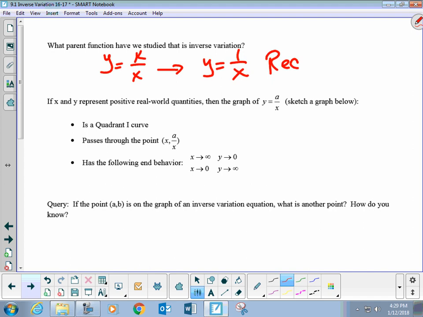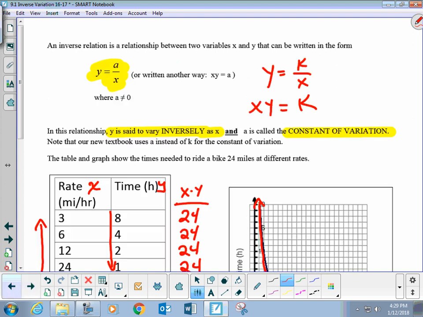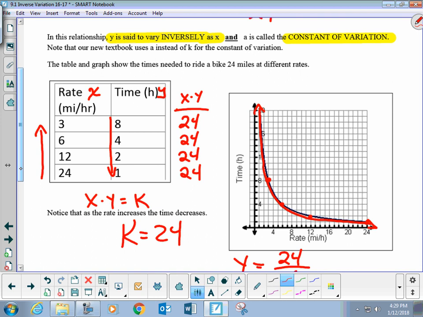Remember, we called that the reciprocal function. Okay, the reciprocal function. That's what this is. The reciprocal function, only I have limited the graph to the first quadrant because it's real world. This is the reciprocal function limited to the first quadrant.